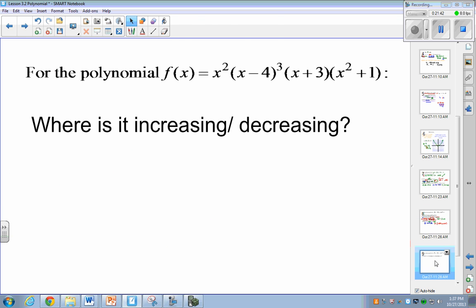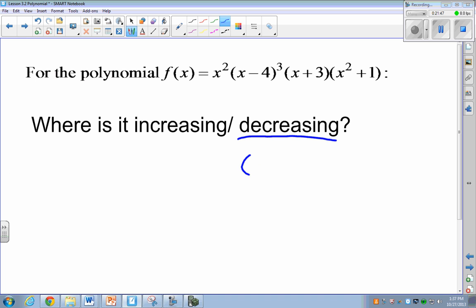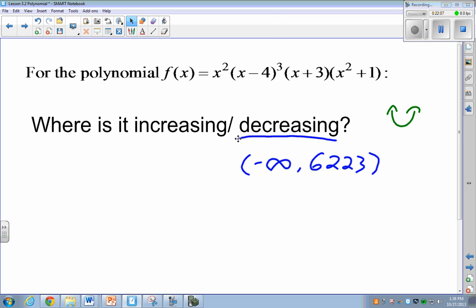So it is decreasing from negative infinity to, I'm going to leave out the decimal to save time. Now remember, it's not a closed bracket because at the minimum point, it's level and it's neither increasing nor decreasing. So draw this out. Here it is decreasing, but at that vertex right here, it's flat, and so it's neither increasing nor decreasing.